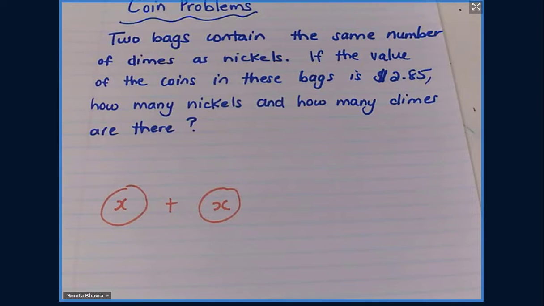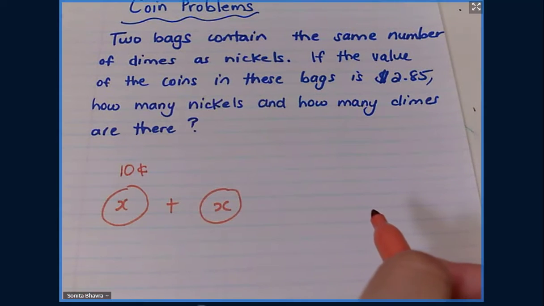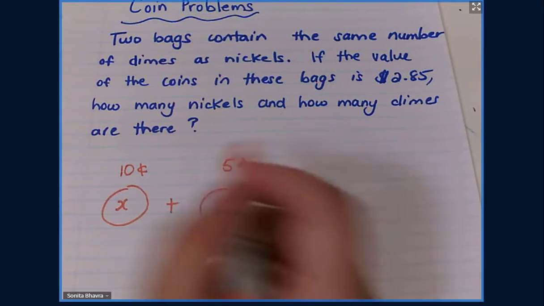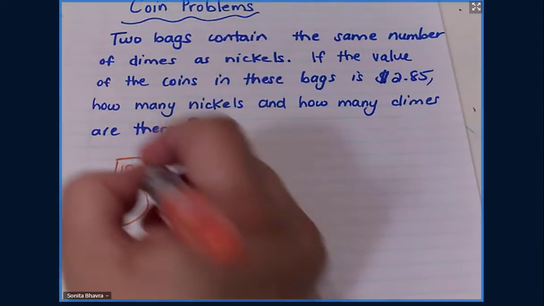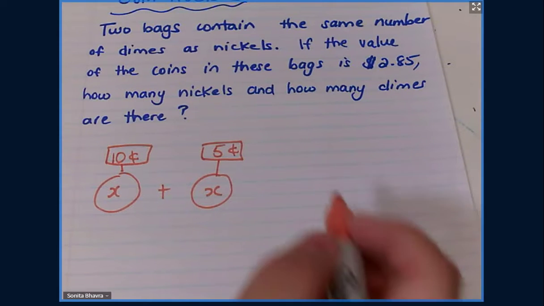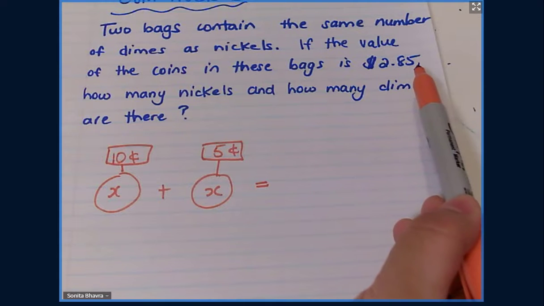All right, and then we're going to call this one 10 cents and this one 5 cents, shown like this and like this. And we know our total is $2.85.